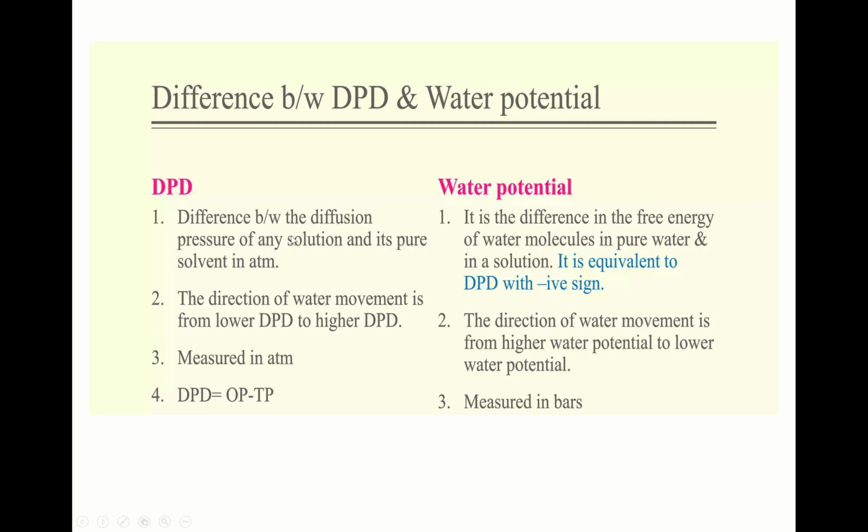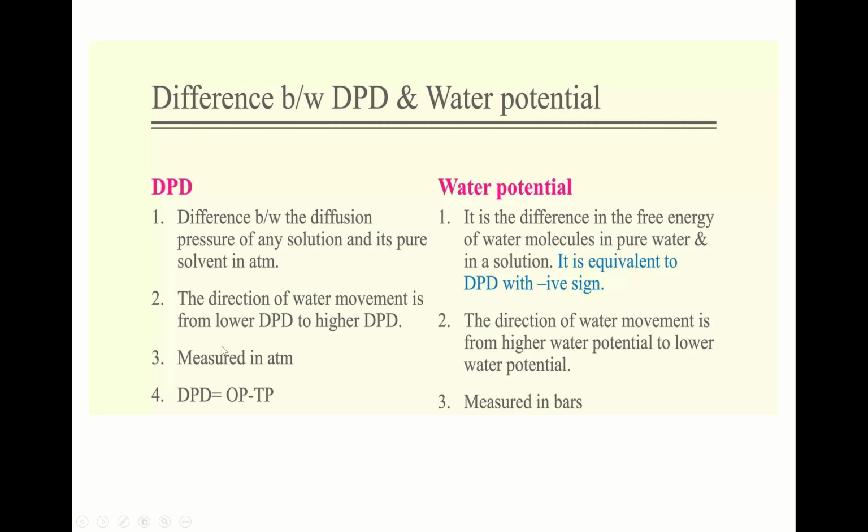So the difference between the diffusion pressure of any solution and its pure solvent is called diffusion pressure deficit. In a solution, how much the amount of solvent molecules is less, that is called diffusion pressure deficit.